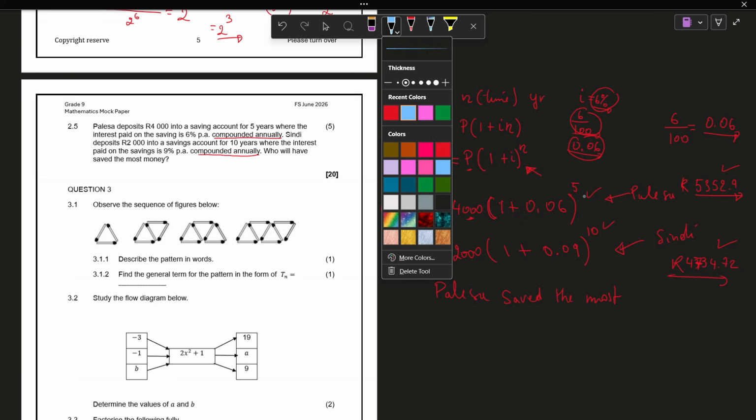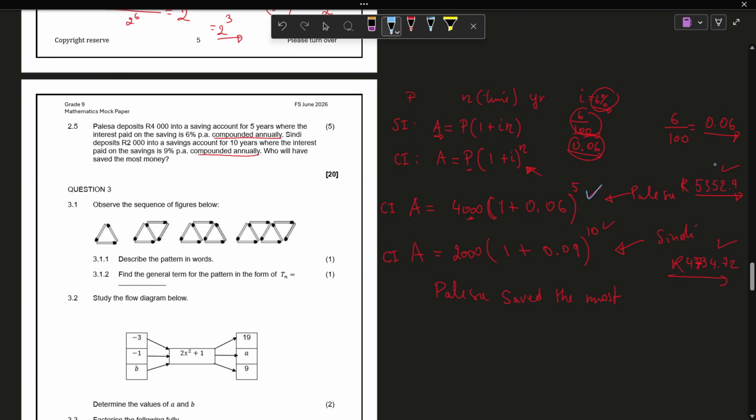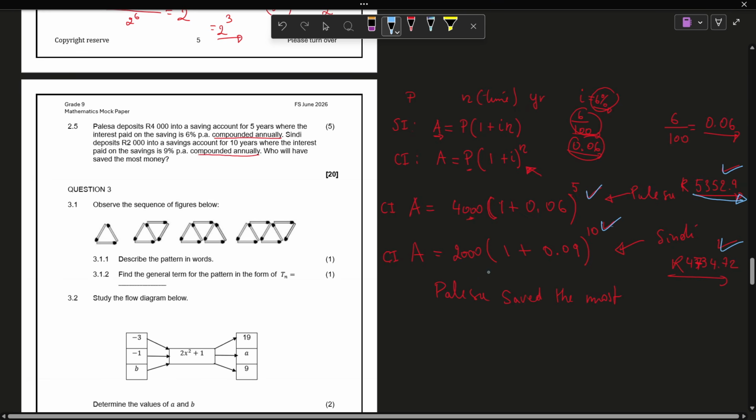So you'll have 1 mark here, 1 mark for the result, 1 mark for the other compound interest formula, 1 mark for the result, and then you making the decision that this is the highest amount, therefore it is Palesa. And that's where you get those 5 marks. Okay, that's all for question 2, and then I'm going to do question 3.